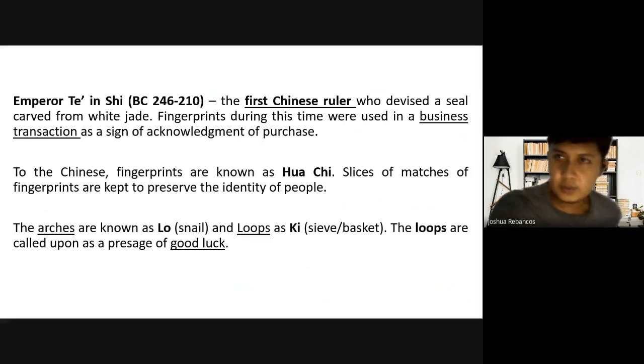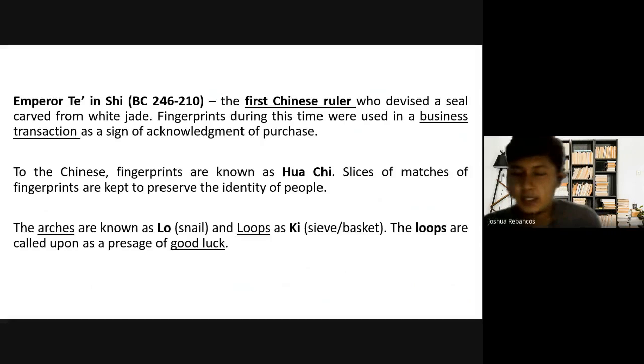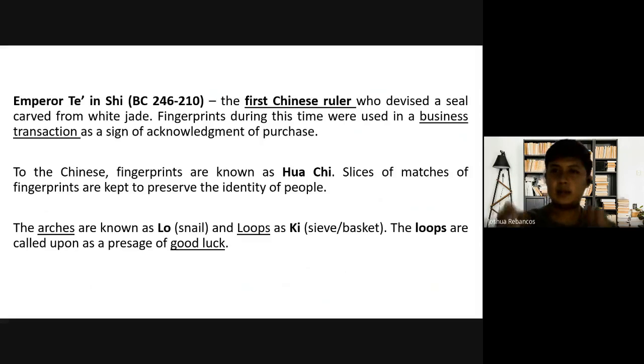Di ba napapanood niyo yun? Meron silang ginagamit na red ink, or ewan ko kung anong tawag nila doon. Yun yung dadampian nila ng mga daliri nila, lalagay sa papel. To the Chinese, fingerprints are known as wachi. Ang tawag nila sa China is wachi, fingerprint.